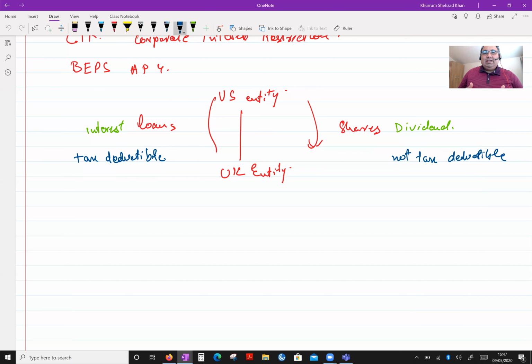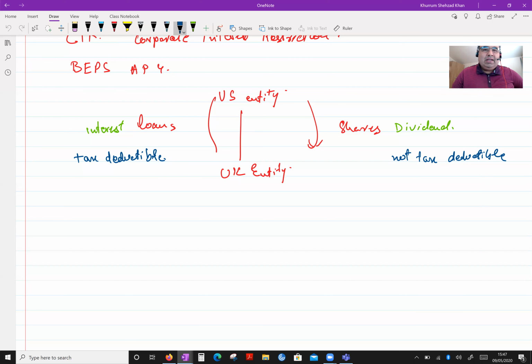They have devised that when the loans are too much as compared to their foreign loans, then there should be some specific deduction. Up to that level, they should not deduct any interest, even if it's at arm's length. The BEPS action plan for corporate interest restriction addresses that.